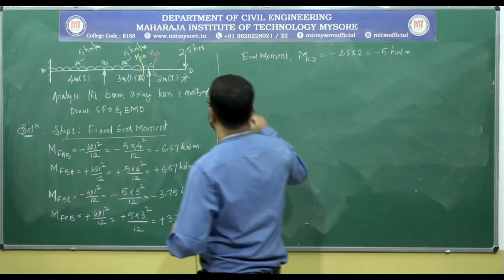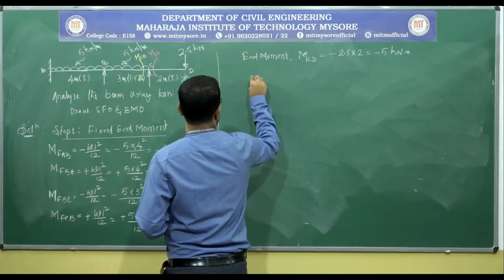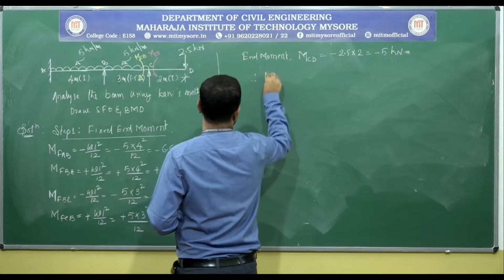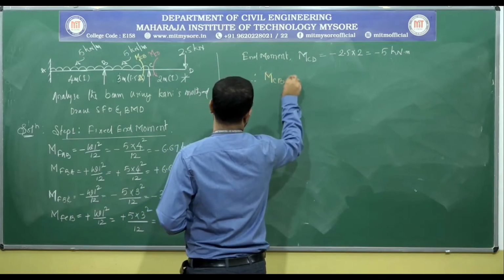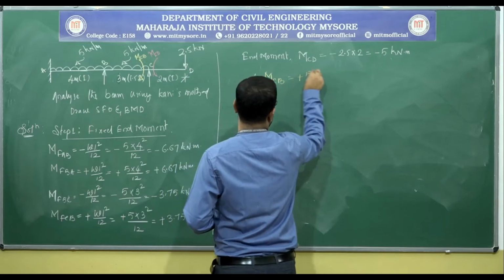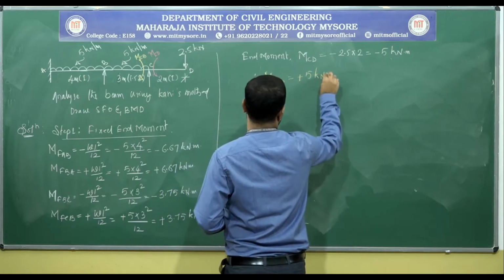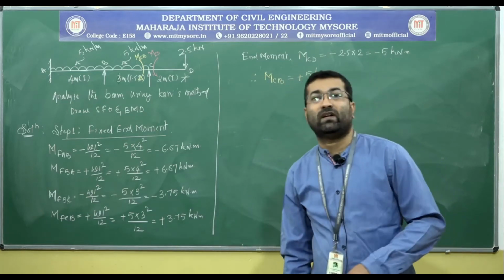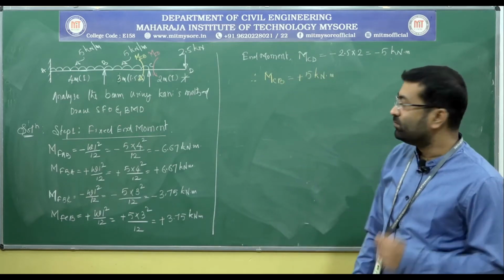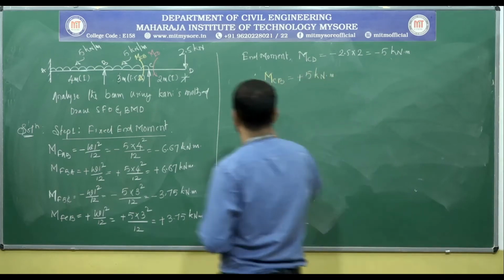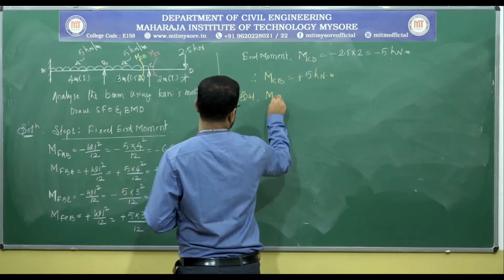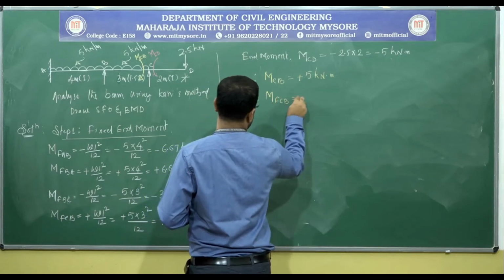Therefore MCB has to be plus 5 kilonewton meter. But how much is the fixed end moment here? That is MFCB.